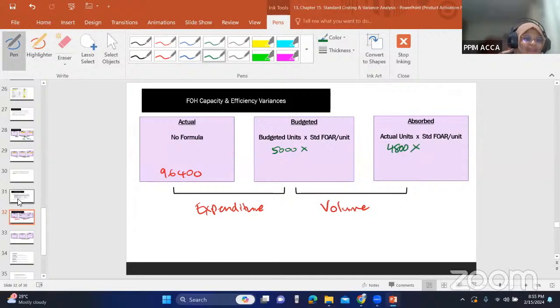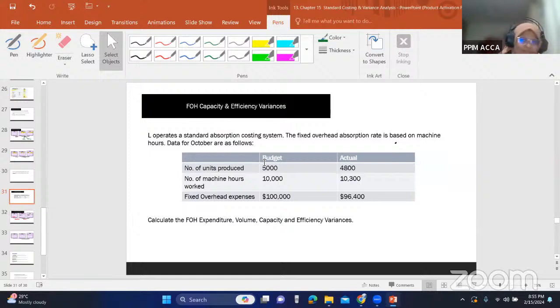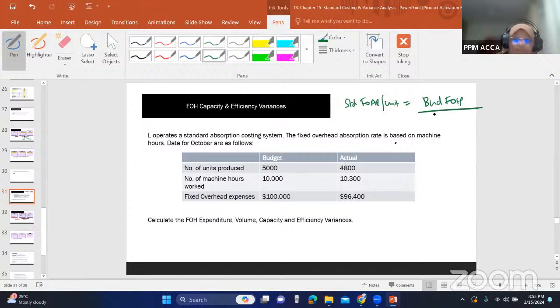How do we get this standard FOAR per unit, right? There is an equation, I mentioned it earlier. Standard FOAR per unit is the budgeted fixed overheads over the budgeted production. You can look back, this equation is given. So budgeted fixed overheads was 100,000.